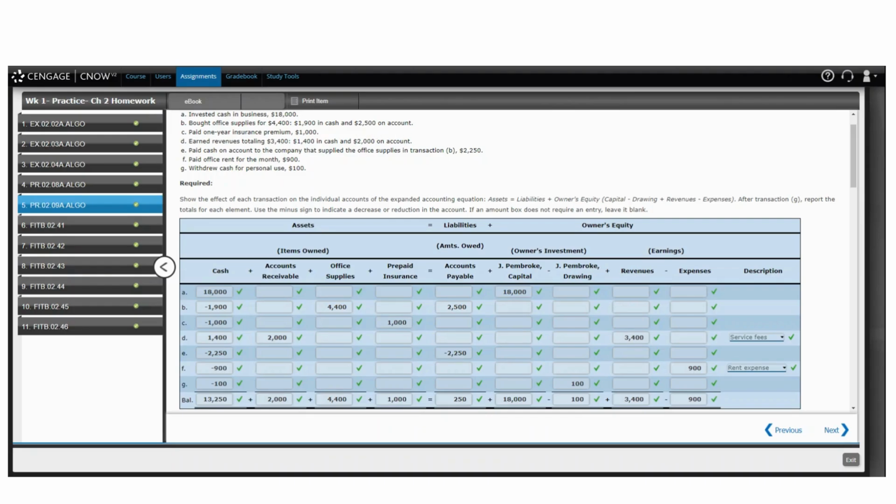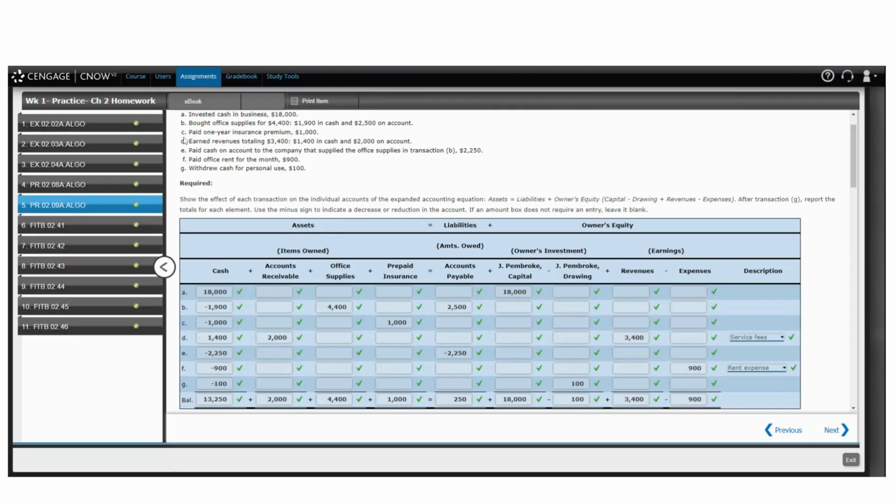So I'm going to recognize the full value of the office supplies for $4,400 in the office supplies account right here for B. And then I know that I paid $1,900 in cash, so I'm going to subtract $1,900 in cash under my cash account. Then I see that he put $2,500 on account. So the owner is liable for that in the future. So my accounts payable increases by $2,500.